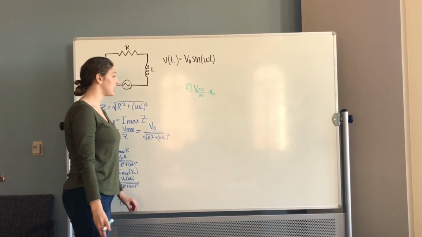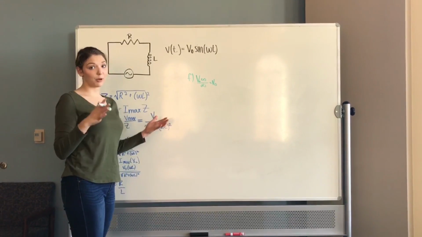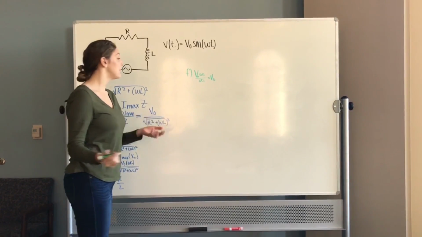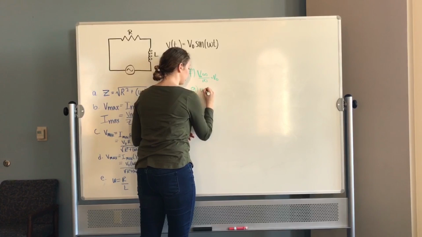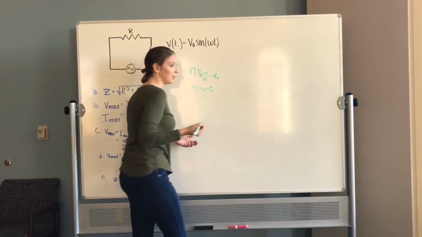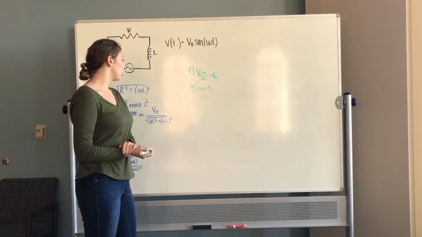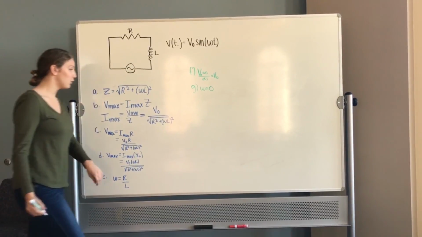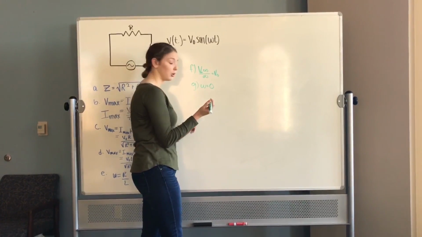So in part G of this problem, we are looking at the opposite of part F. So we're looking at a decreasing angular frequency. So in this case, we'll make our angular frequency equal 0 to see what the greatest decrease has as an effect on the voltage. So again, we will use the same equation that we found in part D. So we'll put our 0 in for the angular frequency.